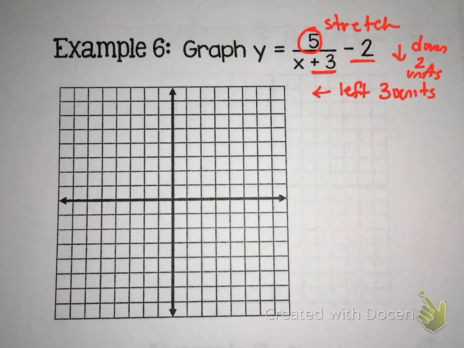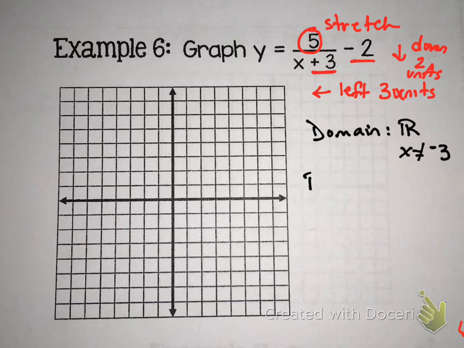Let's think about how that affects your asymptotes. Your vertical asymptote has to do with the x. Think about this, guys: I don't want my denominator to be 0. So I want my domain to be all real numbers except x cannot equal -3, the opposite of +3.